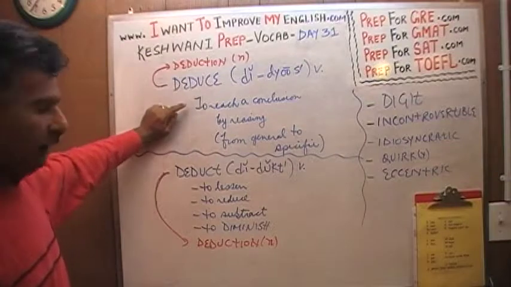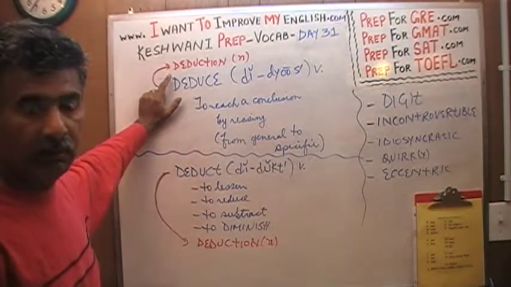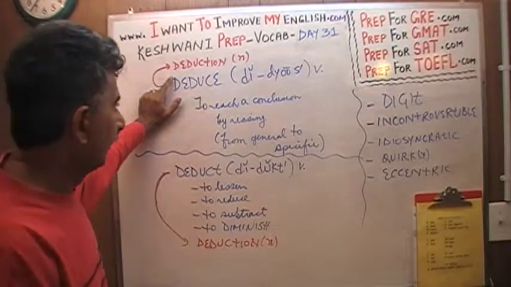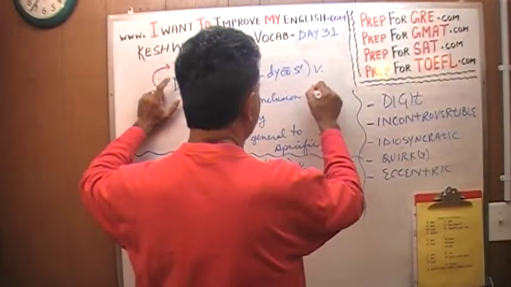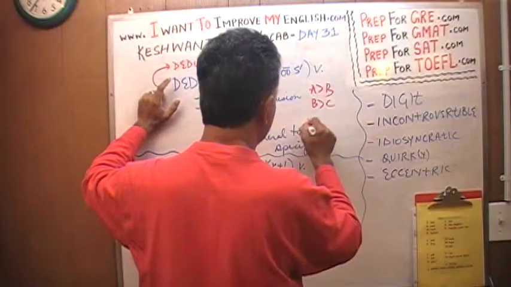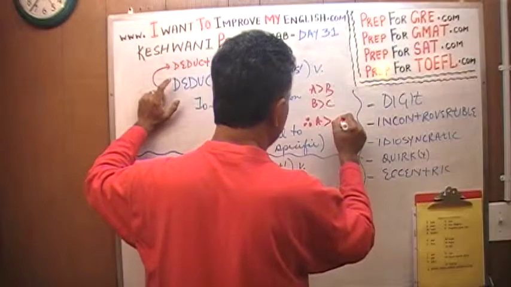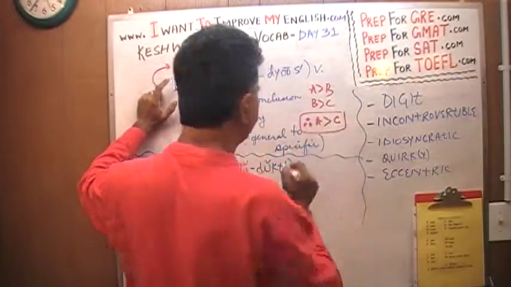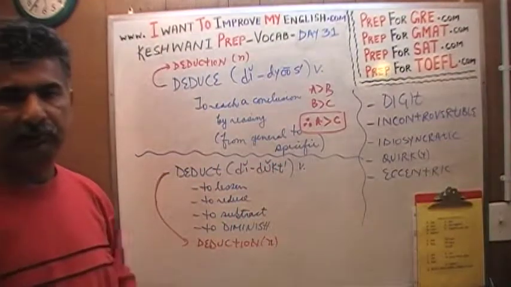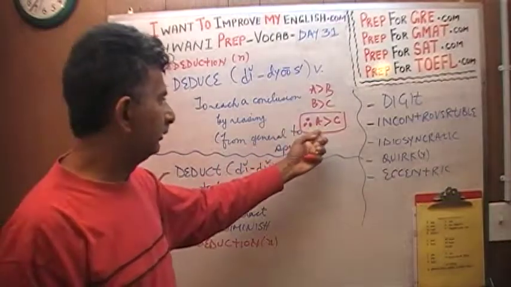For example, if you are told that A is more than B and B is more than C, therefore A must be more than C. We just made a deduction. We deduced it.